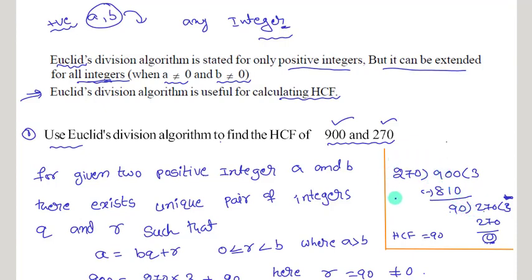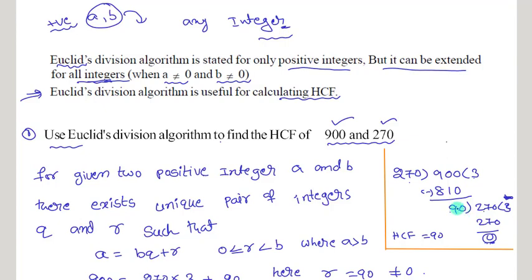In the first stage, 900 is divided by 270, giving a quotient of 3 and a remainder of 90. In the second stage, we divide 270 by 90, so we get a quotient of 3 and a remainder of 0. Here the divisor is 90, and this is the HCF.